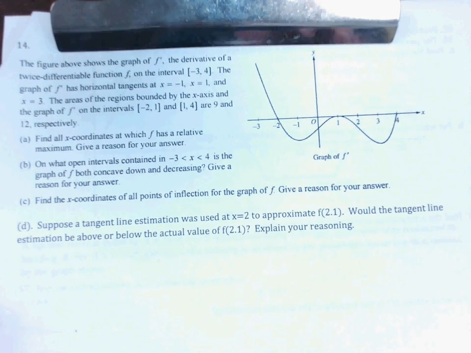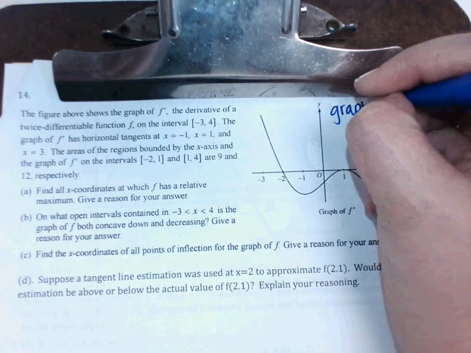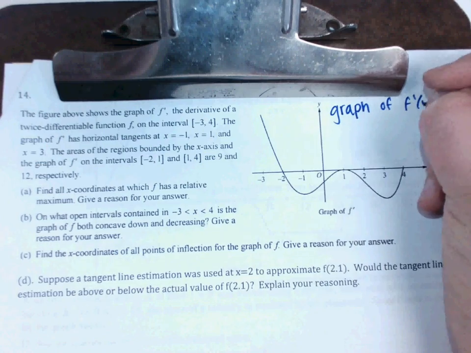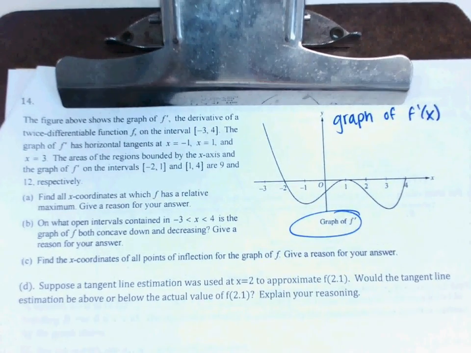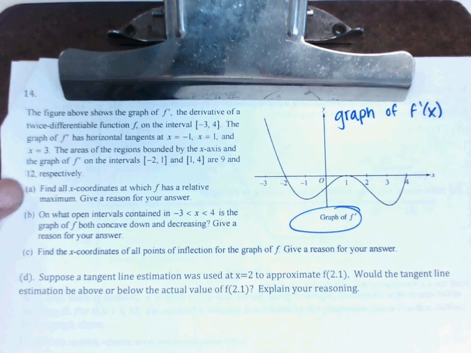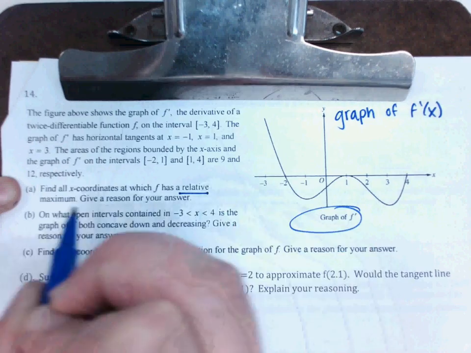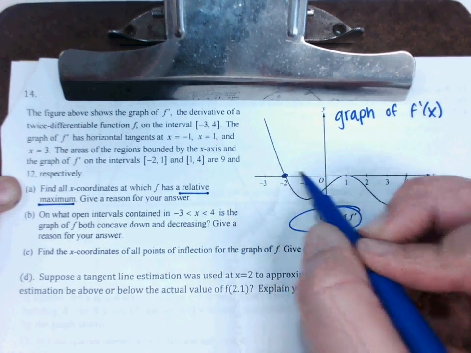Okay, look at it. This is a graph of what function? F prime of x. Okay, it says it right there. So how do I find my relative maximum? Part A, I want a relative maximum. Which x-intercept? Because I see 3 of them.